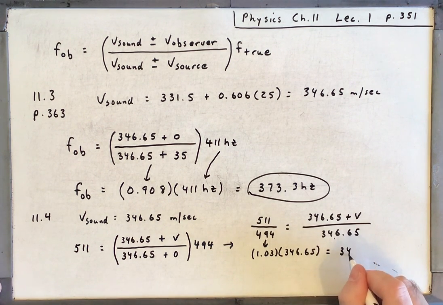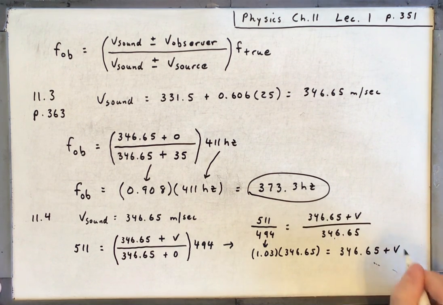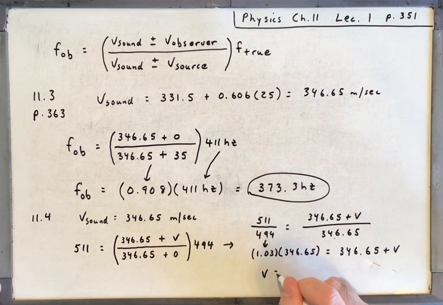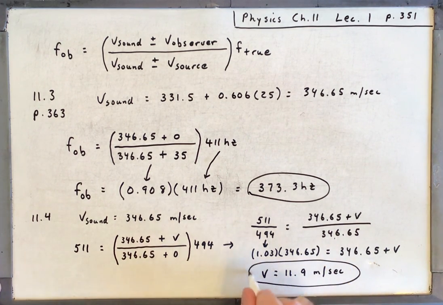That equals 346.65 plus V. All right, so if we solve for V, multiply those two together, then subtract 346.65, you'll get the velocity is equal to 11.9 meters per second. All right, so give that a try.